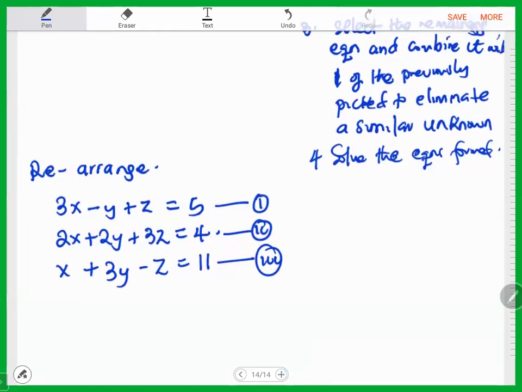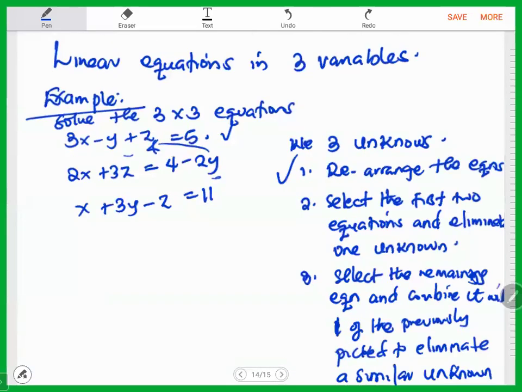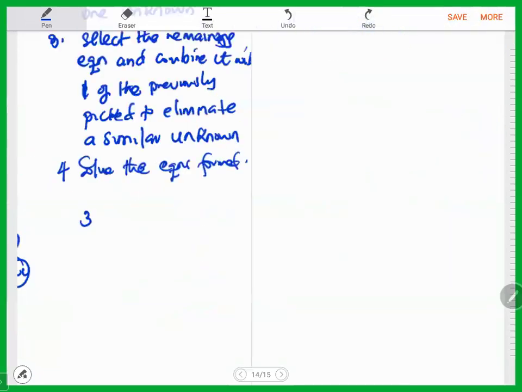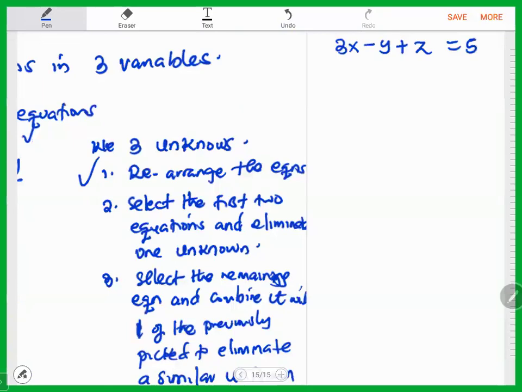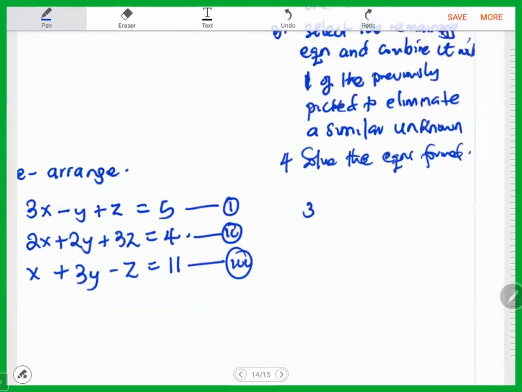We have 3x. Let me move to the next page. 3x minus y plus z is equal to 5. We have 2x plus 2y plus 3z.